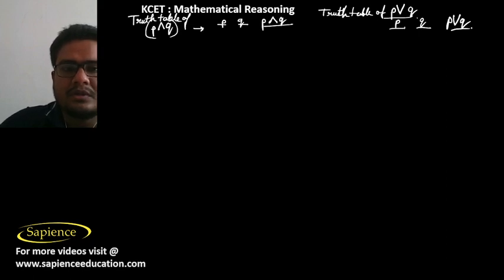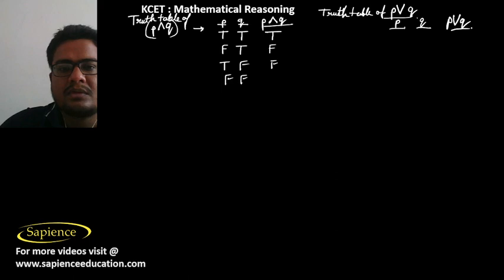If the truth value of P is true, the truth value of Q is also true, then the truth value of P or Q will also be true. If any one of them is true, then it is also true. Both are false, then it is false.